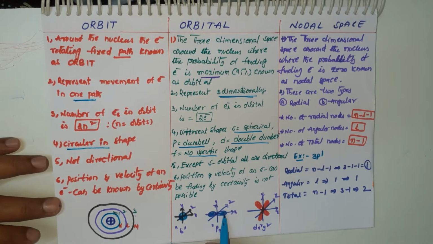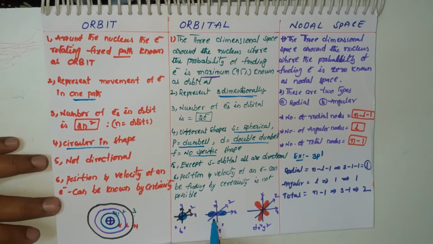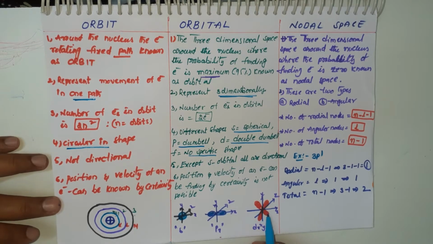This dumbbell shape is the px orbital. One main difference: the p orbital is placed along the axis, that is x-axis, y-axis or z-axis. But the dx square, dy square d orbitals always occupy places between the axes.